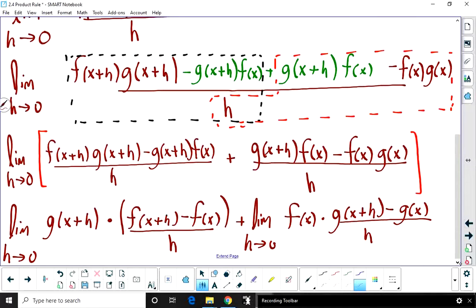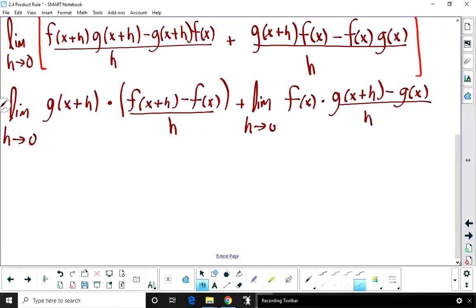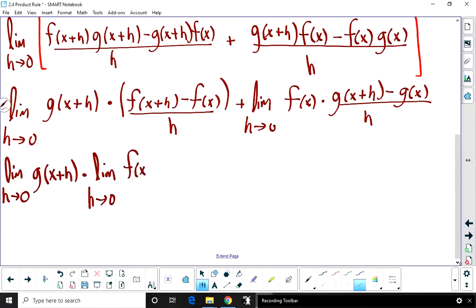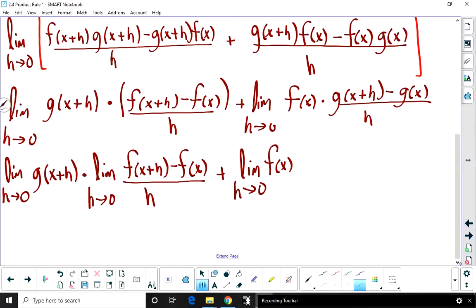What I can now do is I can write this part as the limit as h approaches 0 of g of x plus h multiplied by the limit as h approaches 0 of this beast plus the limit as h approaches 0 of f of x times the limit as h approaches 0 of this beast.